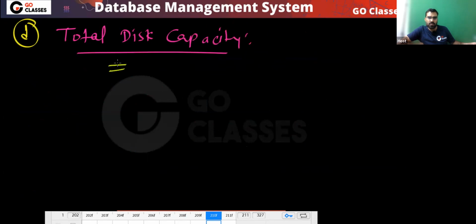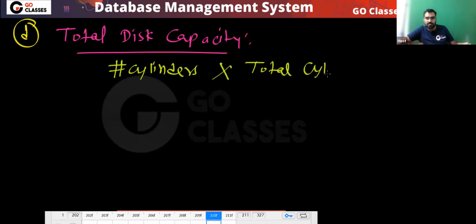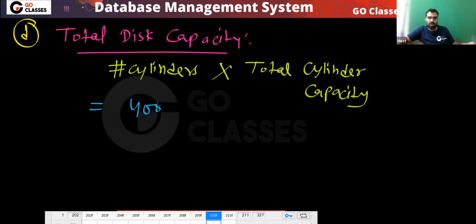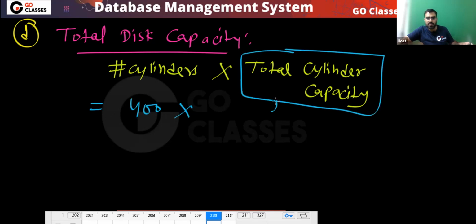I can call it the number of cylinders multiplied by total cylinder capacity. Right? Total number of cylinders is 400. And this we have calculated. You can put it here.